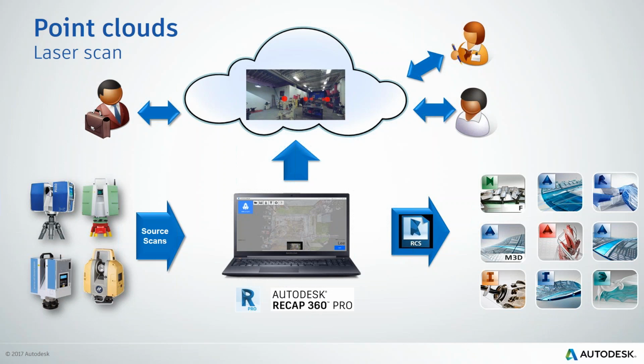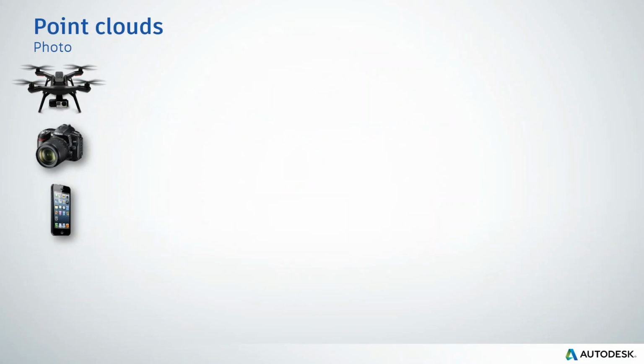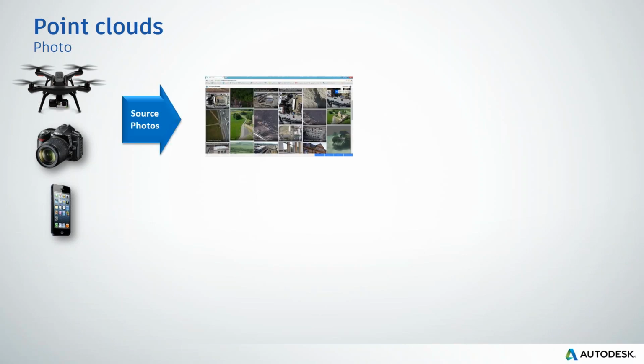However, what we can also do is create point clouds from photos. For the previous workflow you have to have laser scans, while with this workflow it's enough to have a camera, even your mobile or a drone, whatever you have, and take pictures of what is out there.